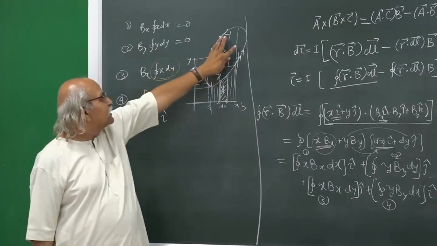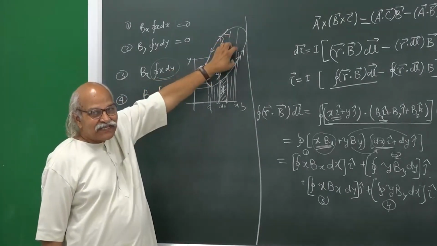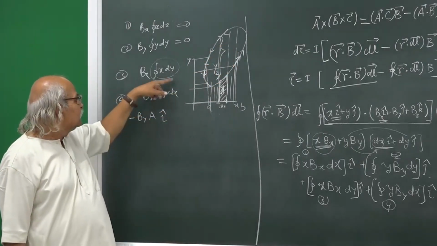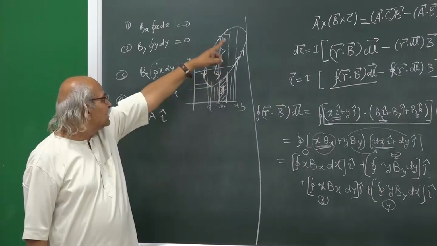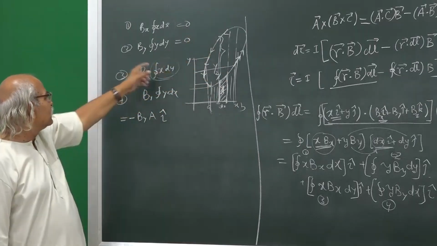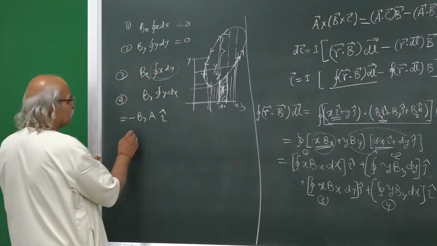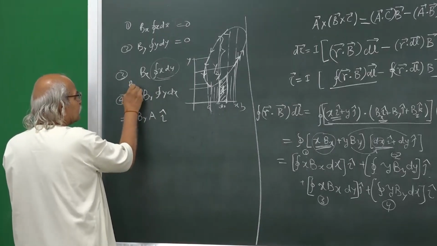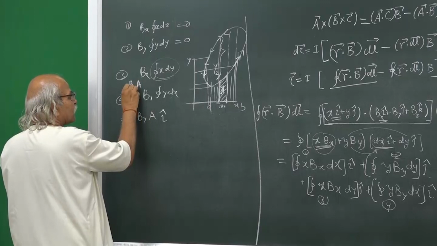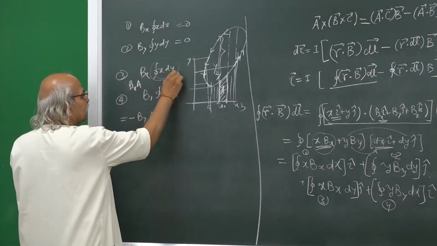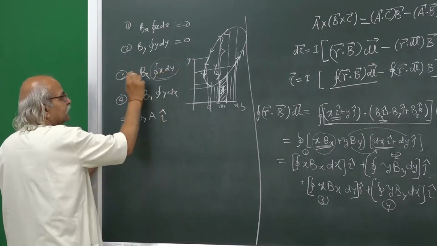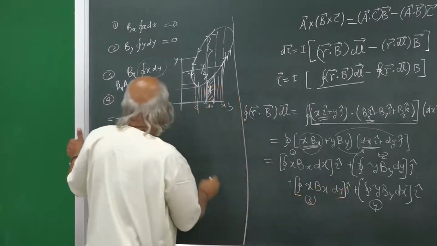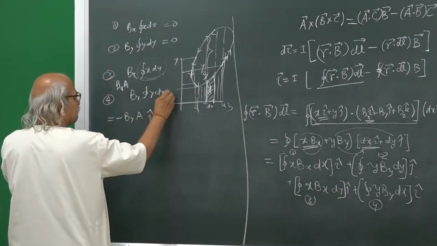Once again you get the same area, but this time with a positive sign. You can work out where you are going and how the dy is changing, and you get this as bx times a, with a positive sign, and the third one is coming with j cap. So this is j cap.